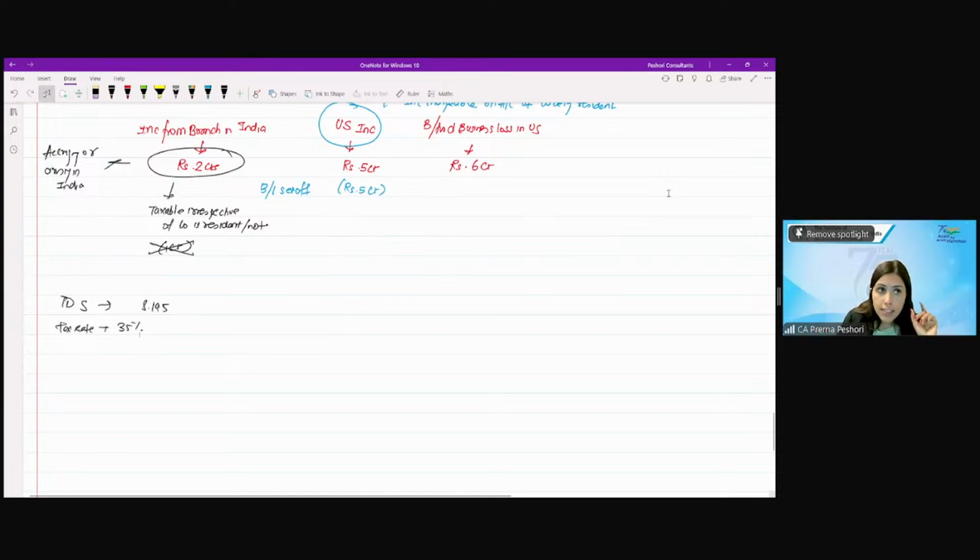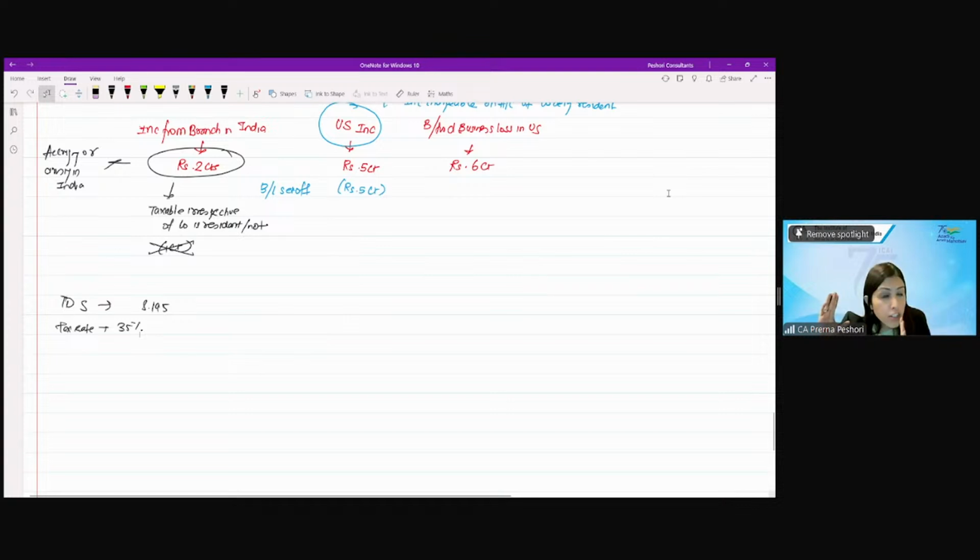How does a country get the jurisdiction to tax an income? Source, and then the residency.